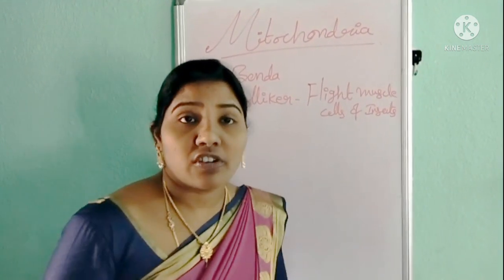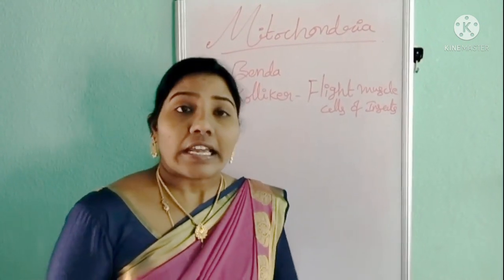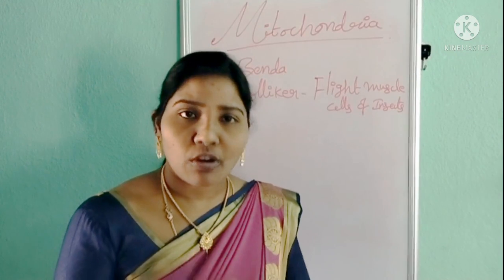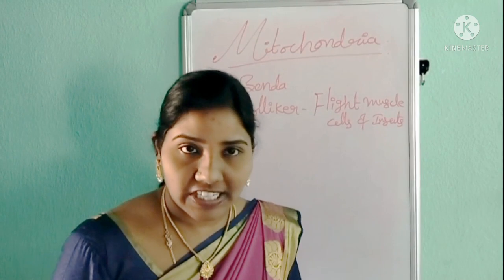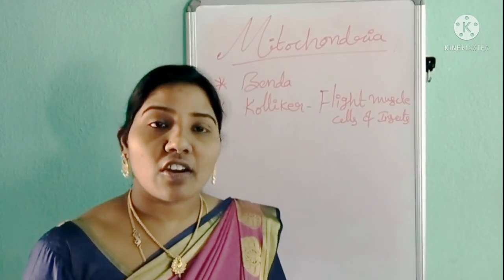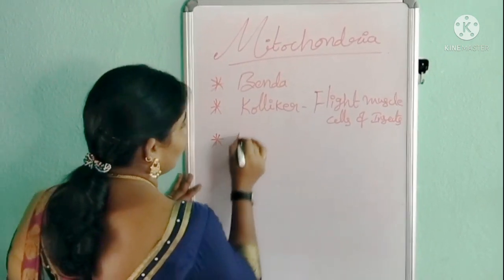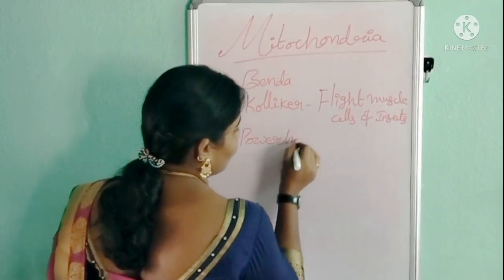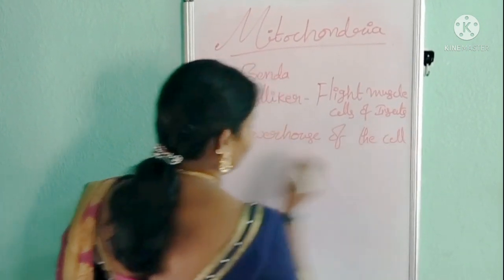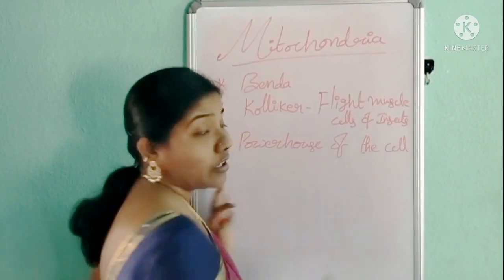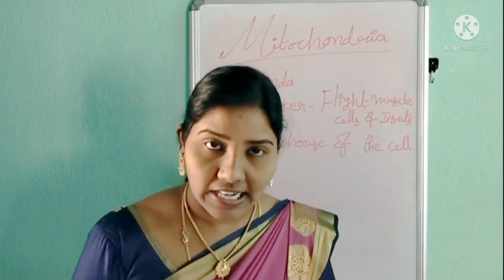Basically, the mitochondria are called the powerhouse of the cell because they provide total energy in the form of ATP to all cell activities. That's why the mitochondria are called the powerhouse of the cell. The mitochondria are also called a semi-autonomous organelle.